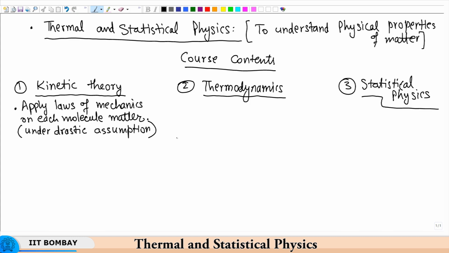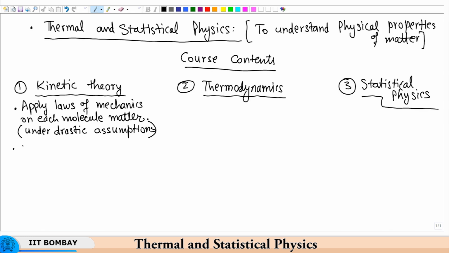When we make a certain set of assumptions, this problem actually becomes much easier to handle, but there is also a limitation, because you are making drastic approximations which are not really applicable to real matter per se. So, it has its own limitations, right. But still under those assumptions, we can still talk about various properties of matter, right.